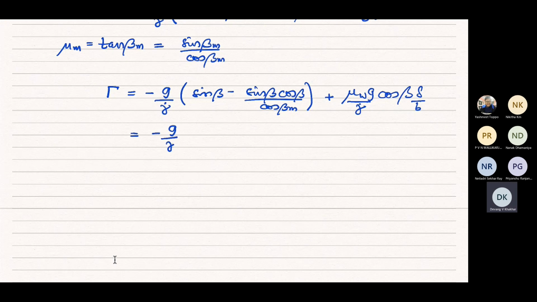So this is minus G by gamma dot, and then at the bottom I will have cos of beta m, and then on the top I will have sine of beta cos of beta m minus cos of beta sine of beta m.